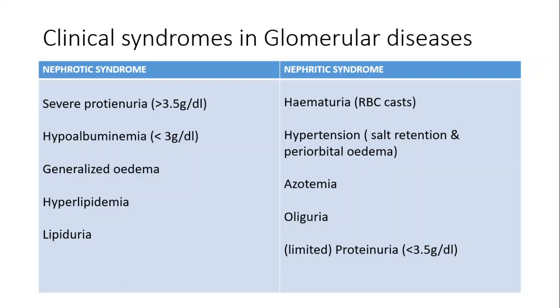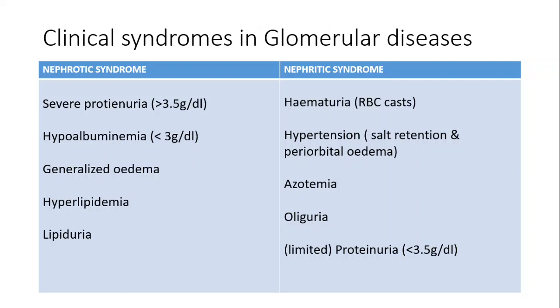As we already discussed in the first lecture, renal diseases can present with various types of symptoms. The commonest are proteinuria, hematuria, azotemia, uremia, rapidly progressive glomerulonephritis, acute renal failure, chronic renal failure, and two types of syndromes.